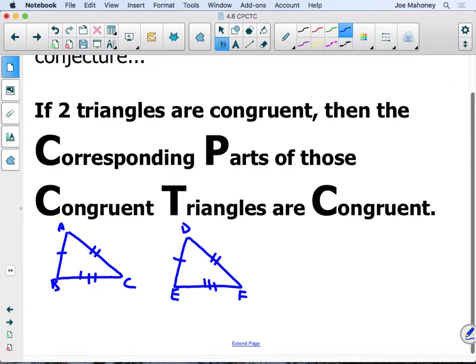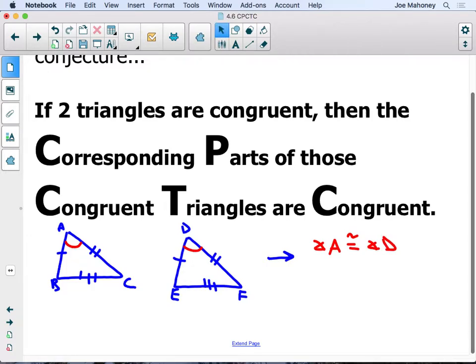What it means is that corresponding parts, like angle A, correspond with angle D. Since the triangles were congruent by side, side, side, it means that angle A has to be congruent to angle D. They're corresponding parts. They're the same parts in the different triangles. Angle A matches up with angle D.